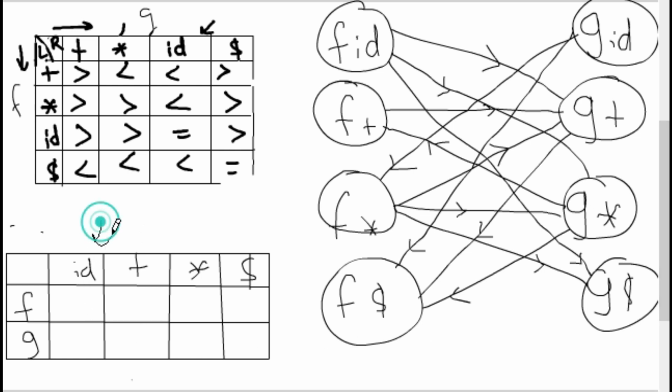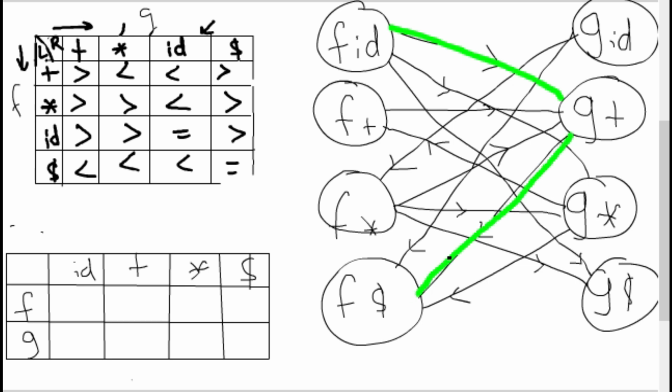For F ID you have to count the longest path. So if you look at F ID, let us count the longest path. F ID goes to G plus, right? And then G plus goes to F dollar.